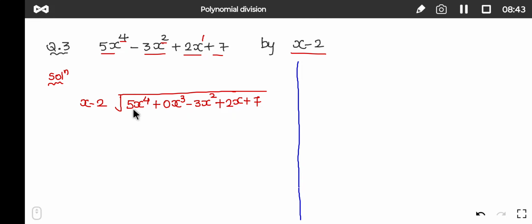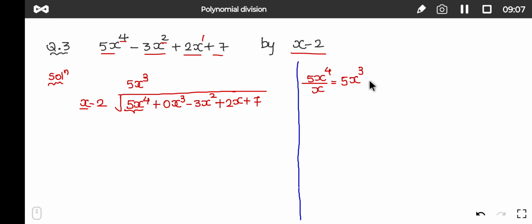Now apply our first step. The first term inside it is 5x to the power 4 divided by first term outside, which is x. So if we cancel out 1x, what will remain? 5 will remain. 1x will get cancelled, so x to the power 3 will remain. So our quotient is 5x to the power 3.